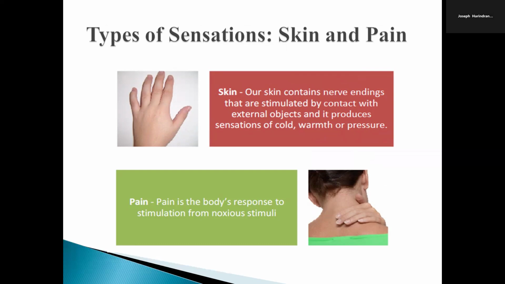The skin sense is the sense of touch, the feeling of contact with external objects. It produces sensations of cold, warmth, or pressure. When you press on the skin, we feel pain or some extraordinary sensations. Cold or warmth is temperature differences.